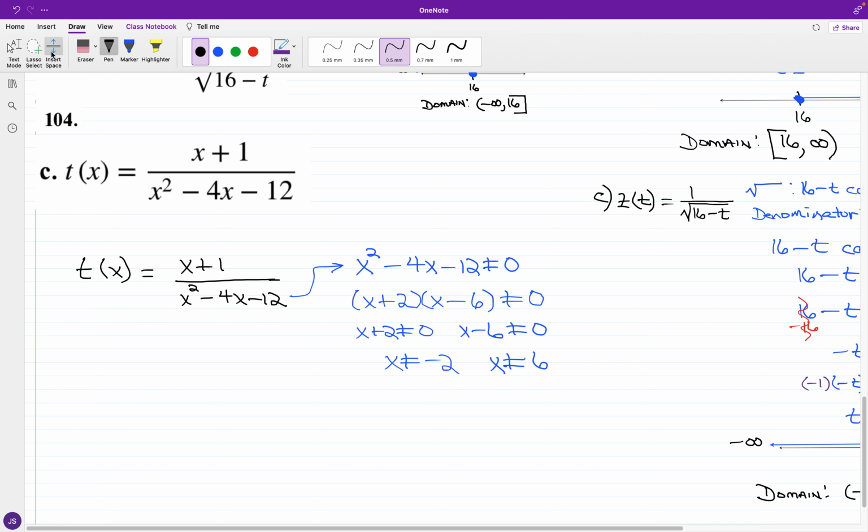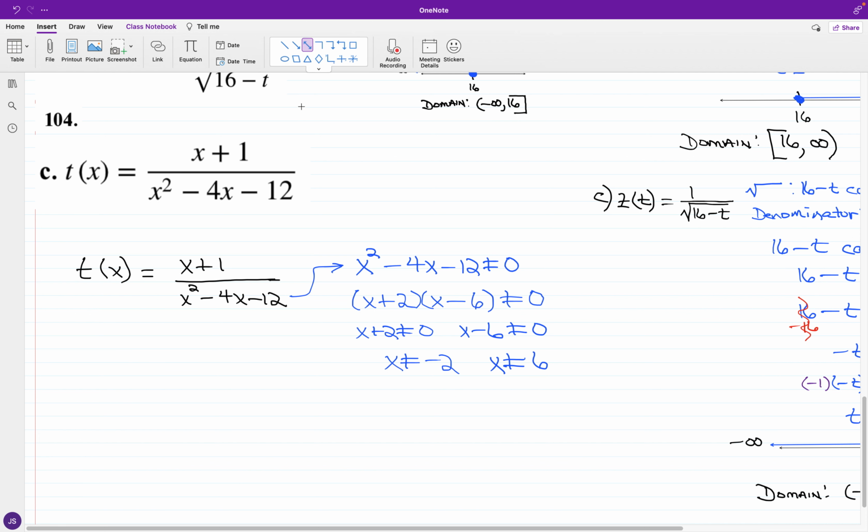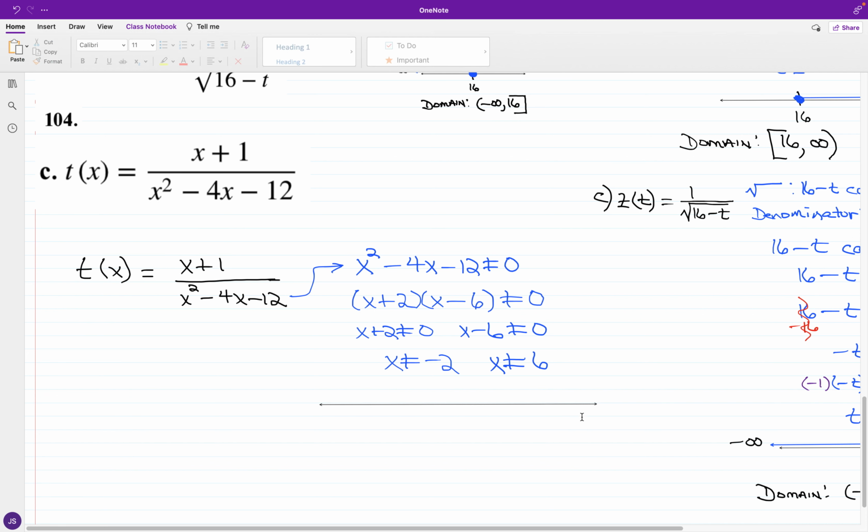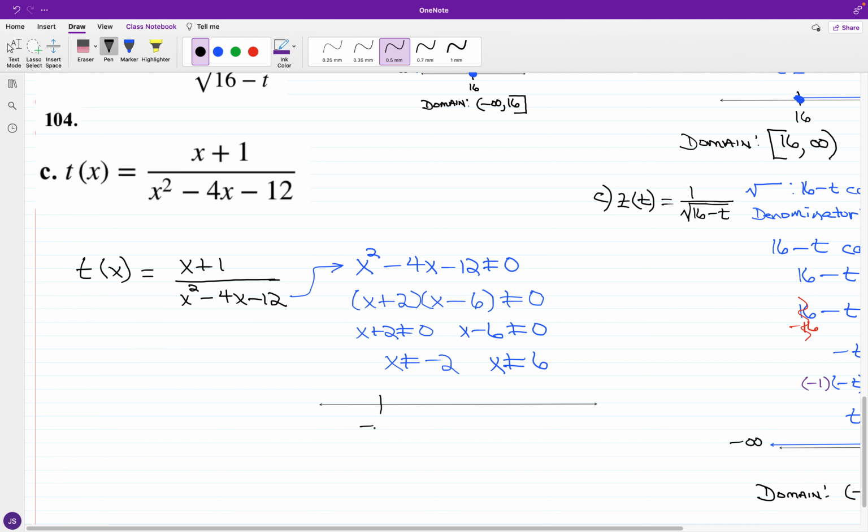So we have 2 exclusions from the domain, those values that will cause the denominator to be 0. So -2 is left out, and also +6 is excluded.